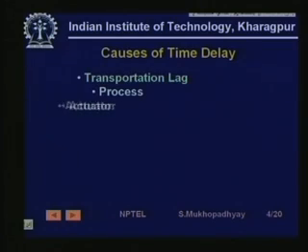So let's first look at the causes of time delay. The main cause of time delay is transportation lag. This is the most common and prevalent cause of time delay, because in the industry material has to be transferred from place to place in the course of operation, and material transfer, flow of liquids, movements, these things take time.